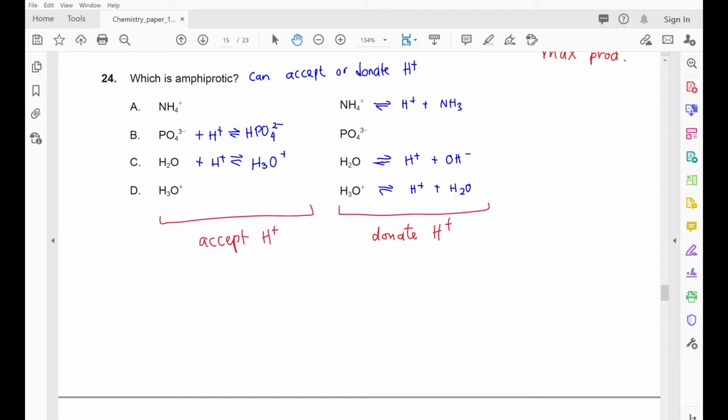Ammonium ion cannot accept another hydrogen ion because it has already accepted one. Hydronium ion also cannot accept another hydrogen ion. And phosphate ion doesn't have a hydrogen ion to donate. So the answer is C. Water can accept and donate a hydrogen ion.